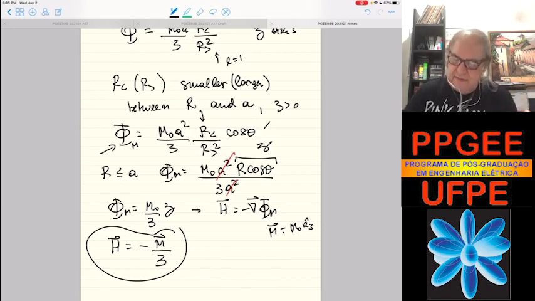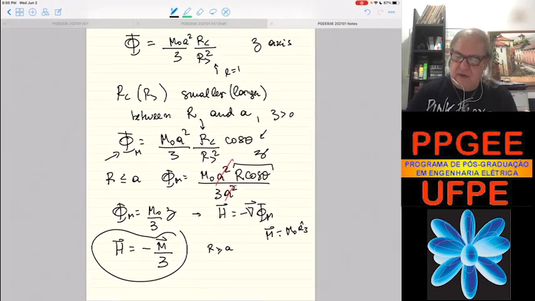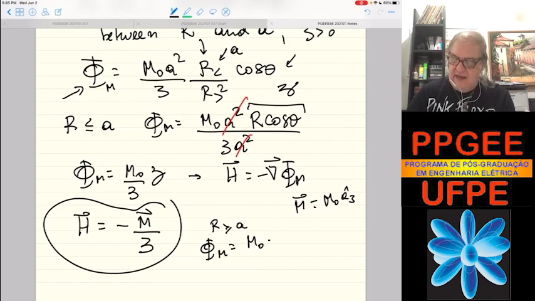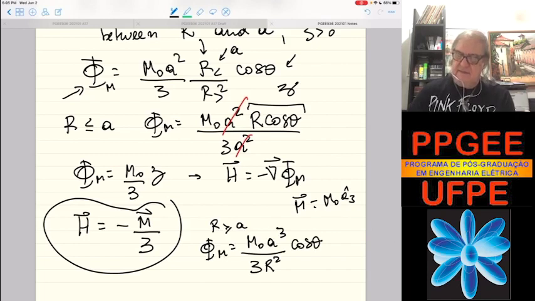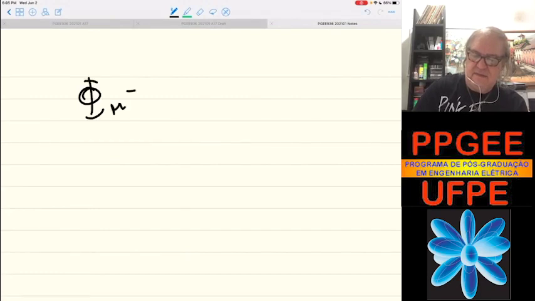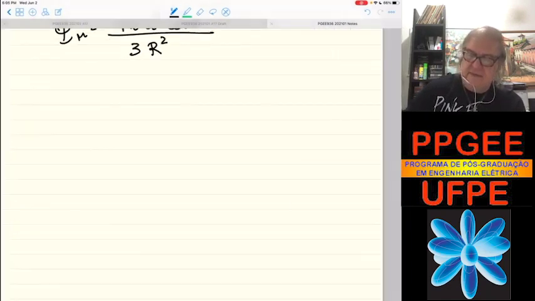So outside, for r larger or equal to a, r smaller is a, so the potential is going to be m0 a cubed cosine theta divided by 3 r squared, if I'm not mistaken, yes.